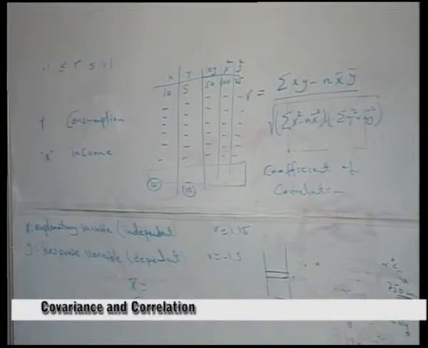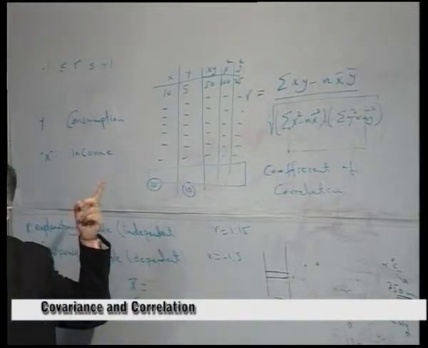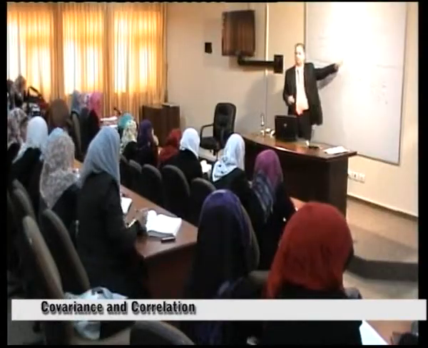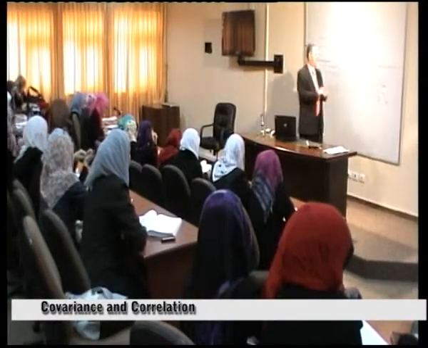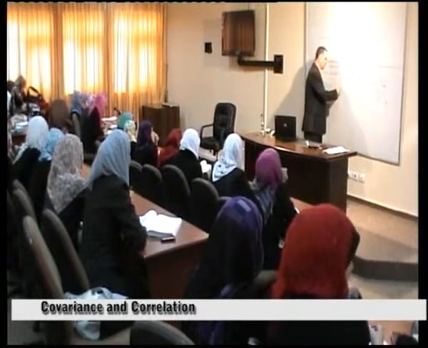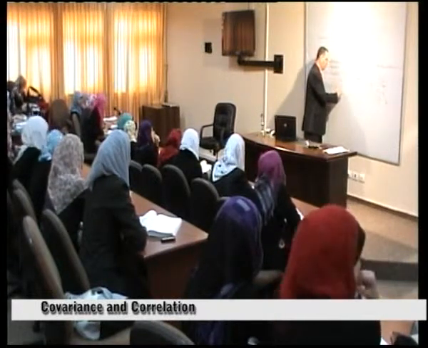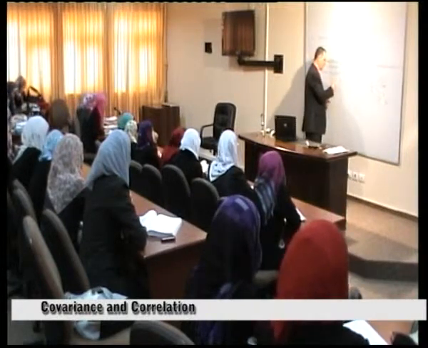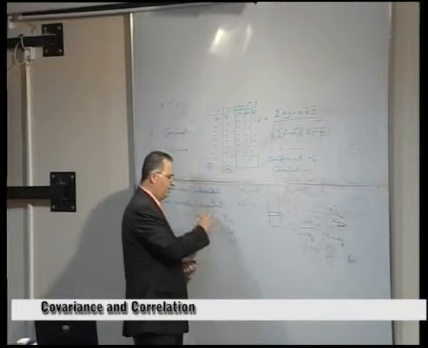Usually in the exam we will give the formula for the correlation coefficient as we mentioned before. In addition to that, we will give the summation of xy, the sum of x squared, and the sum of y squared. Also the sum of x and the sum of y, in order to determine the means of x and y.